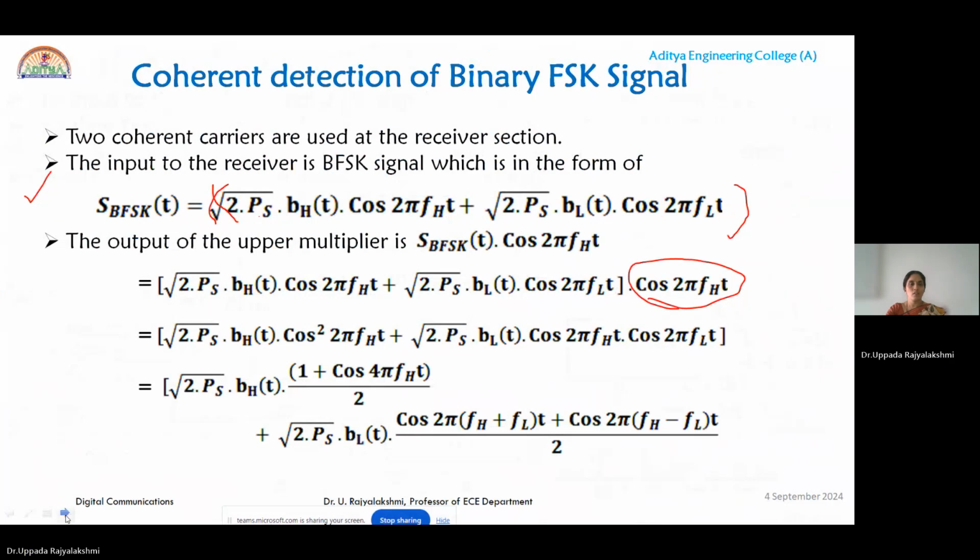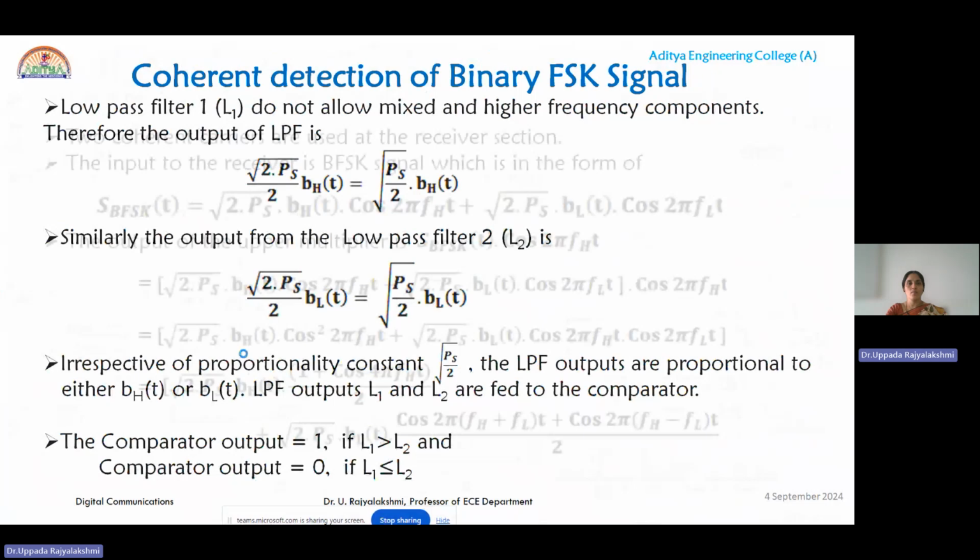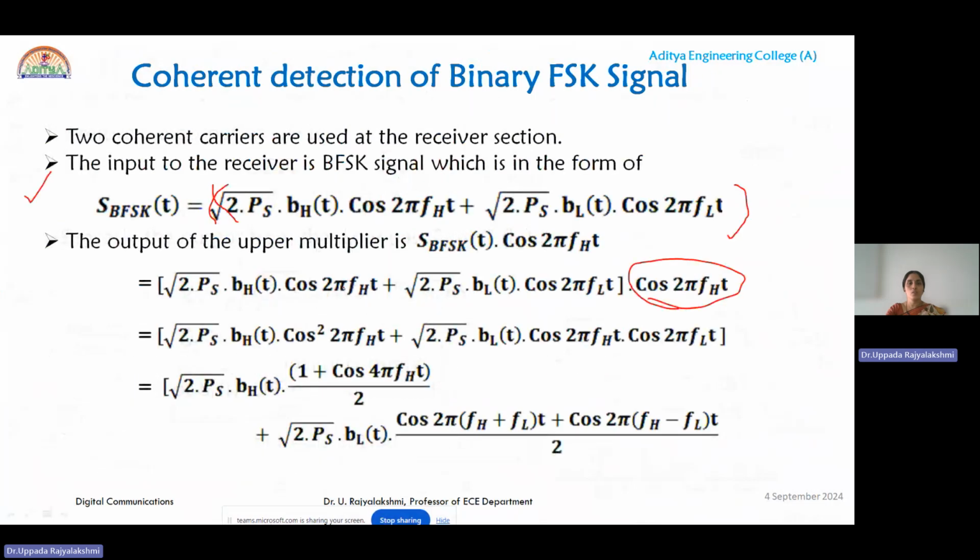Then let us see. Then it will be cos square 2 pi FHT as the first term, and the second term is cos 2 pi FHT into cos 2 pi FLT. So cos square you can write as (1 plus cos 2x) by 2. In this you can see that this is a higher frequency.